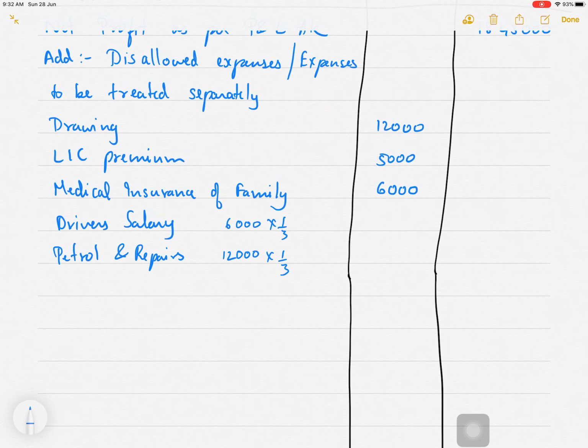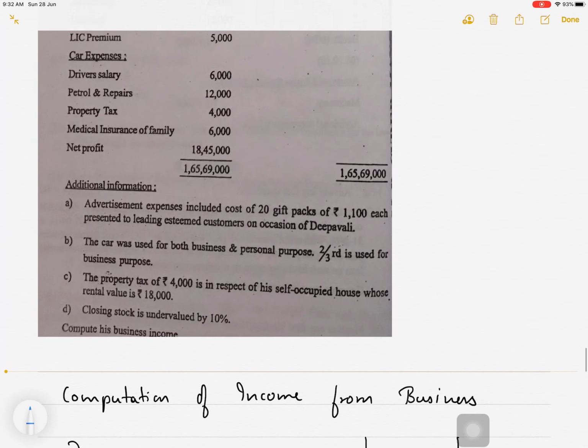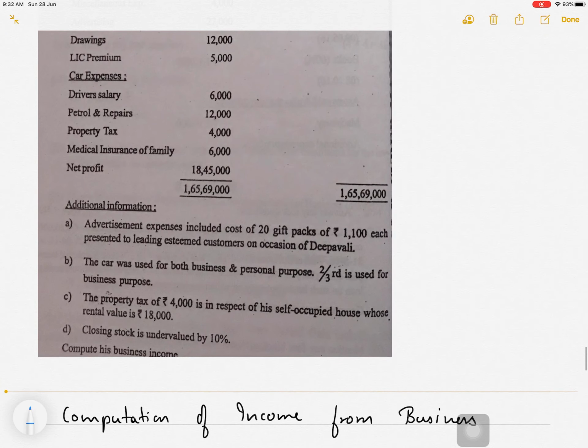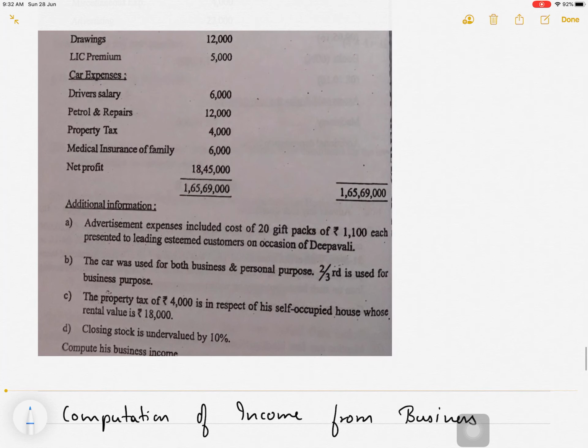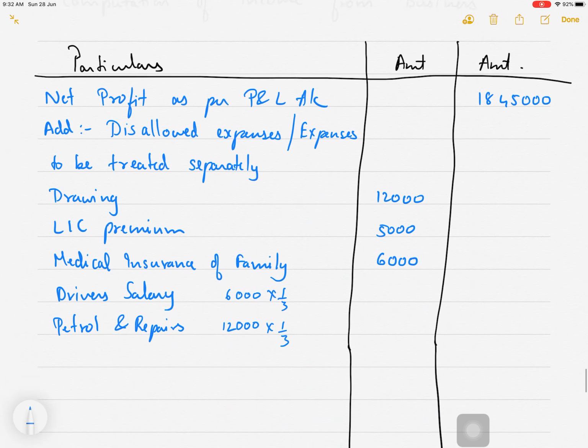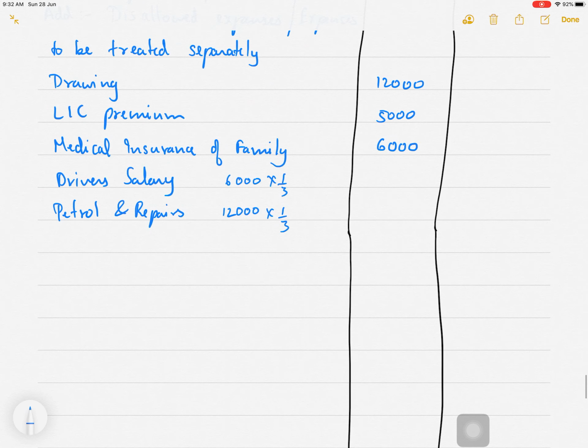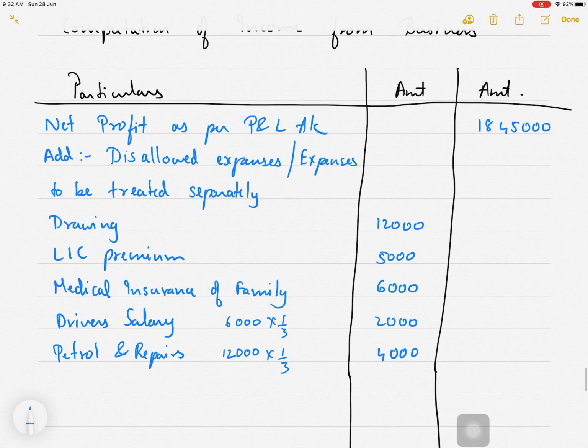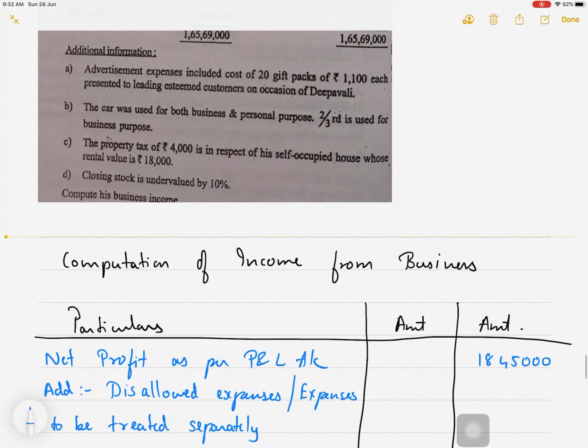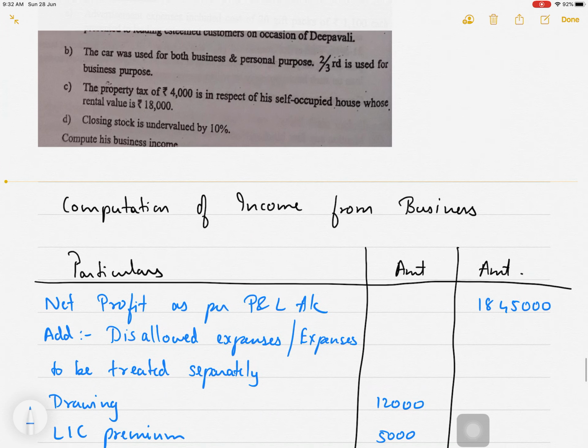No, it was 6,000 and 12,000. Driver salary 6,000, petrol and repairs 12,000. So 1/3 of 6,000 is 2,000. 1/3 of 12,000 is 4,000. So these are personal expenses. So you will add it. Right?